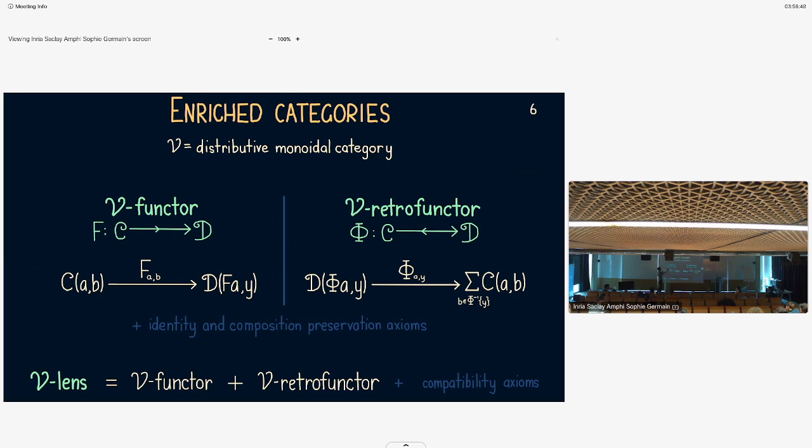So you have an object map between the object sets of the enriched categories, and for every pair of objects, you have these actions on morphisms. So F_AB goes from the hom object of C from A to B to the hom object of D from F of A to F of B, that's a typo.